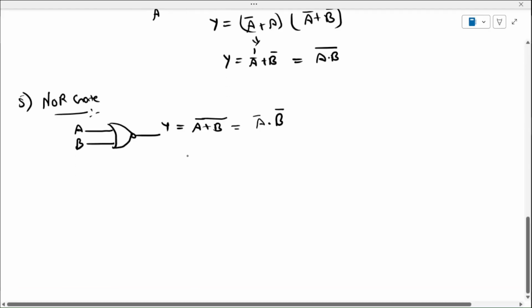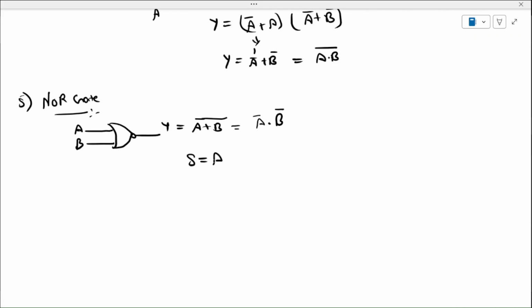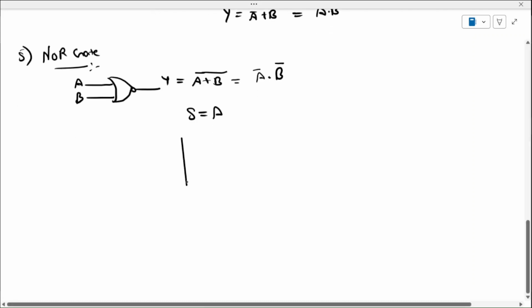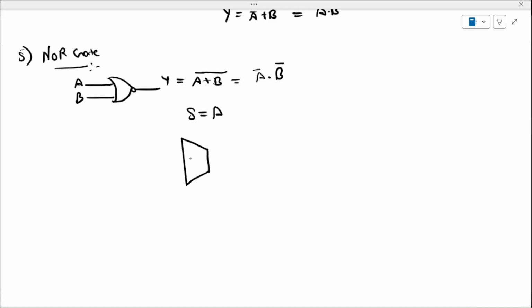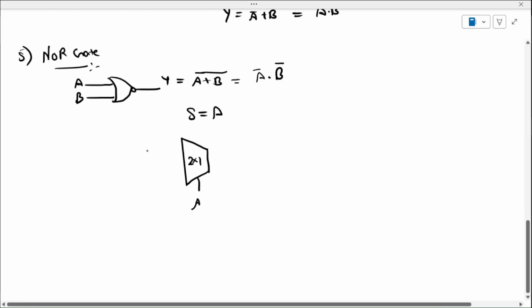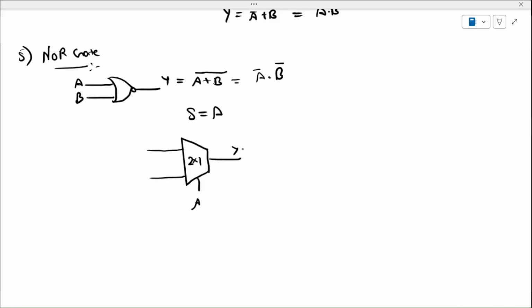So firstly, we will choose one variable that will act as a select line. Suppose A will be my select line. 2x1, A will be select line. This is A. So this is my Y. So you know that when select line S is 0, S bar is transferred.